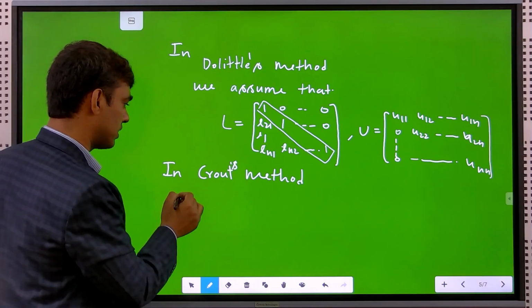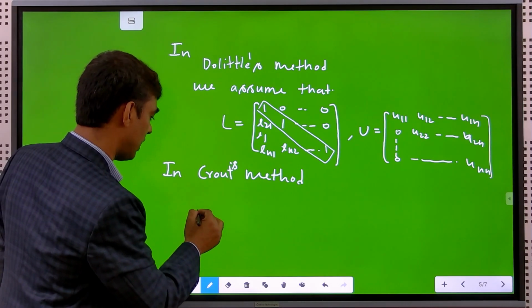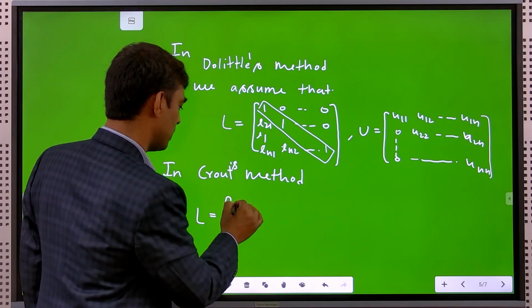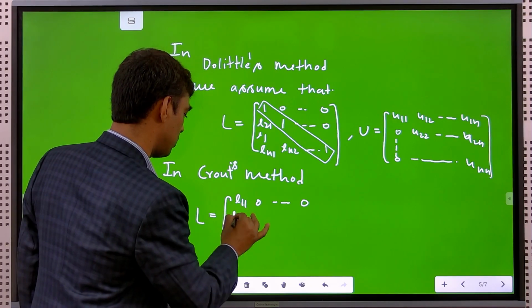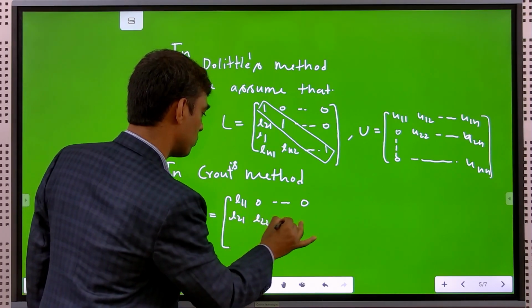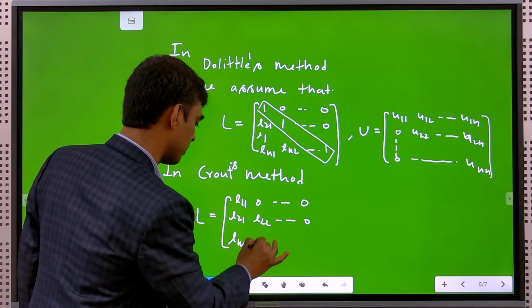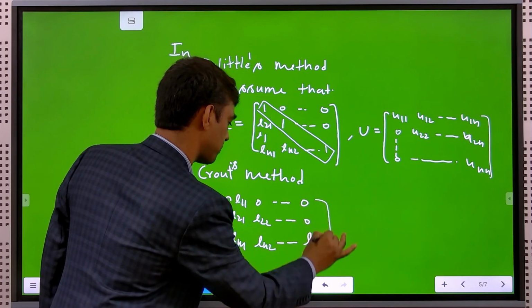So in Crout's method, L becomes L11 0 0, L21 L22 up to 0, and the last row Ln1 Ln2 up to Lnn.